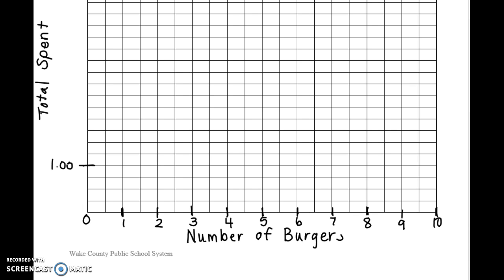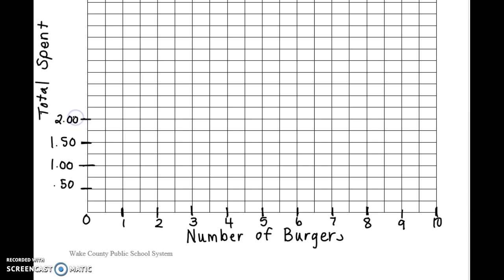What does each line represent if I skip 4 lines? 25 cents. Perfect. So what is this one going to represent? 50 cents. So that means every 2 lines is going to be 50 cents.